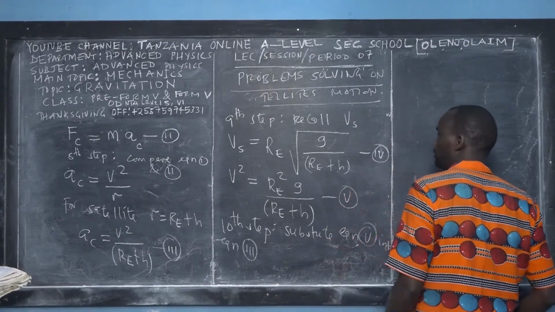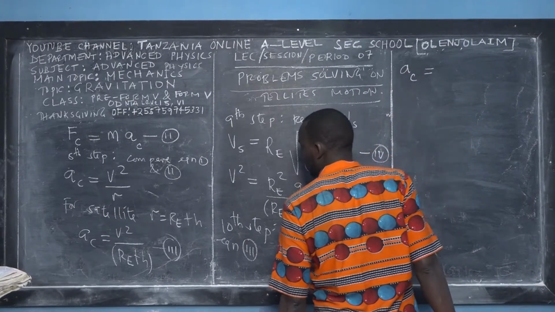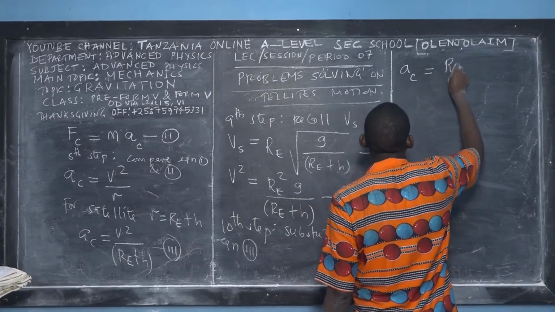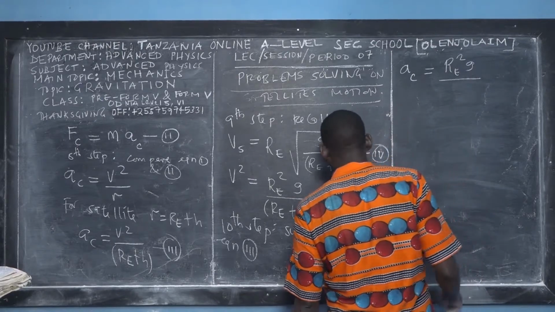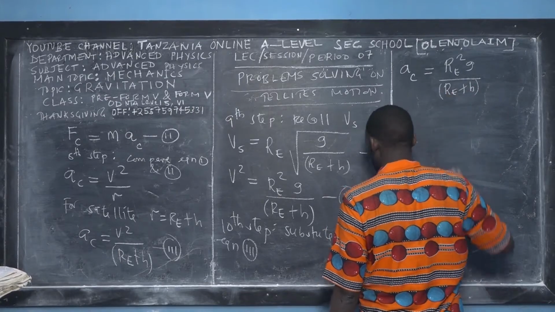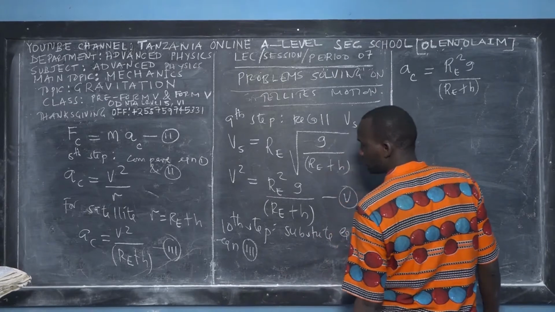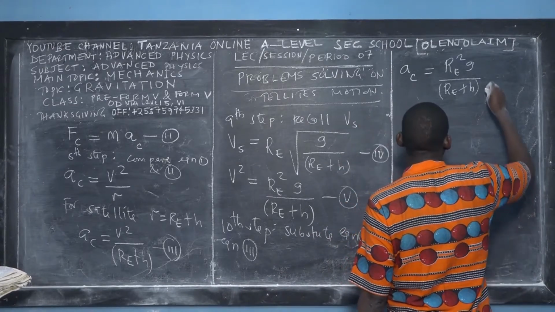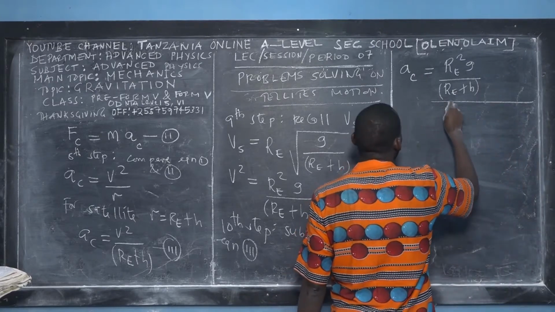So if you do such substitution, we say that the centripetal acceleration is equal to what? Square of that velocity, which is radius of the Earth square times acceleration due to gravity, then here we have radius of the Earth plus height h, divided by this expression. So that's the v square. So if you divide, it means that we divide by what?